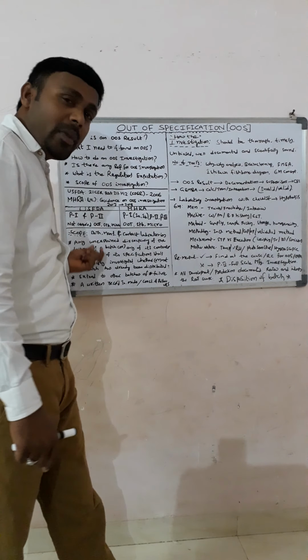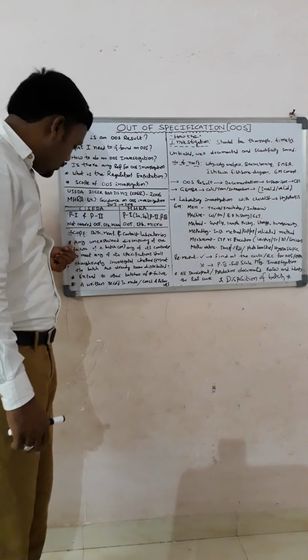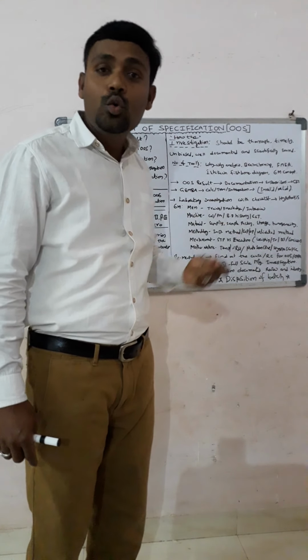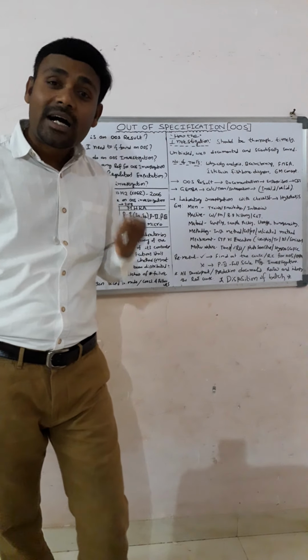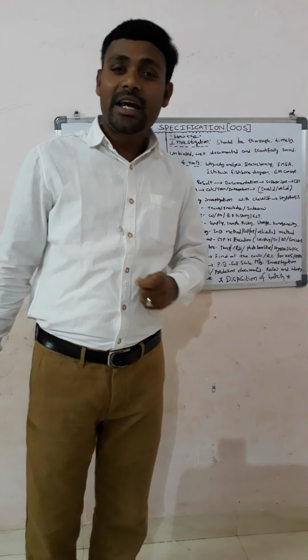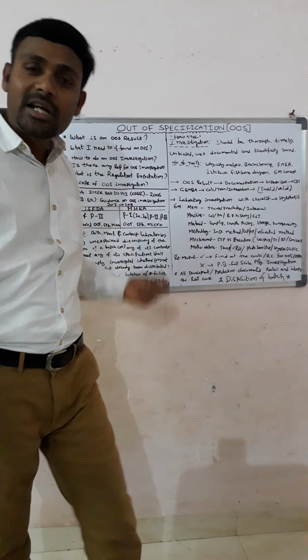In USFDA they have mentioned three bullet points regarding this OOS investigation. First one is any unexplained discrepancy or failure of a batch or its components to meet its specifications shall be thoroughly investigated, whether or not the batch has already been distributed.